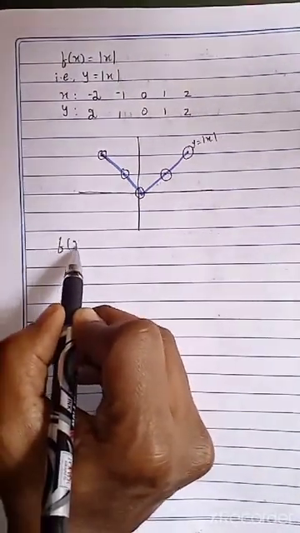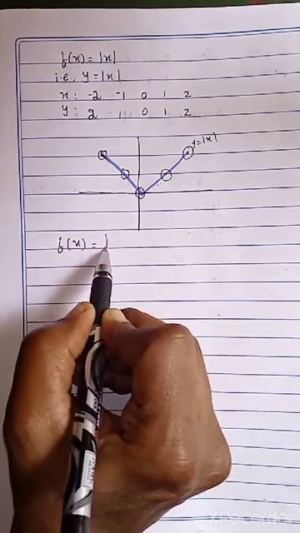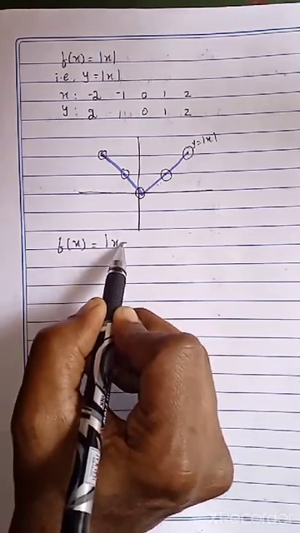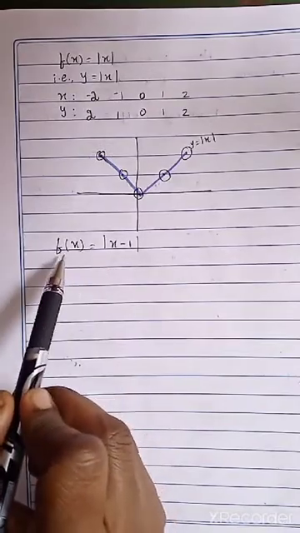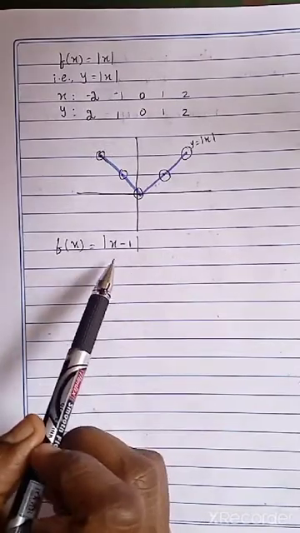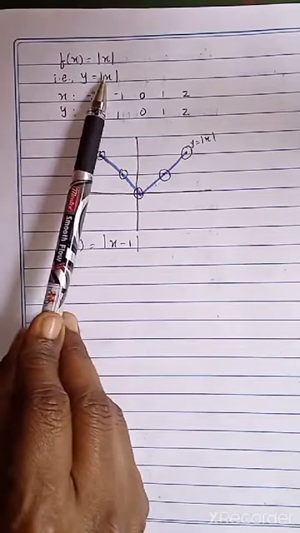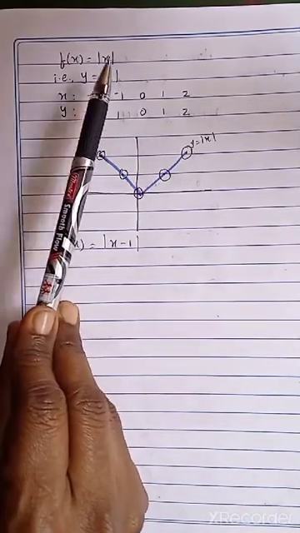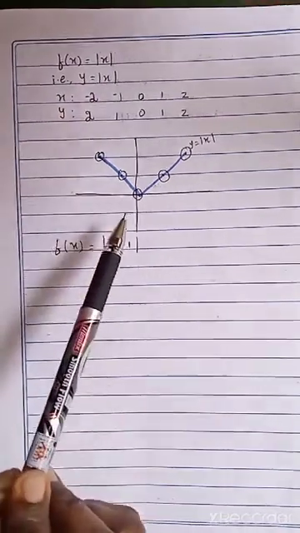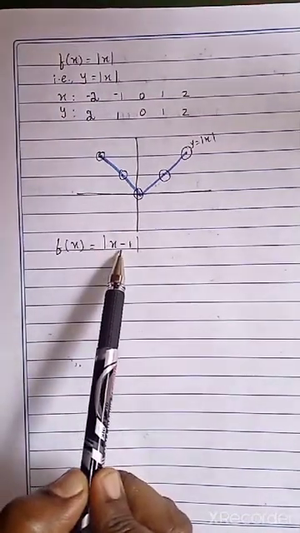Next, see this question. F of x equal to mod x minus 1. What is meant by f of x equal to mod x minus 1? Look here, this is your question. It is given that f of x equal to mod x. Now we are subtracting a constant inside the function, correct?